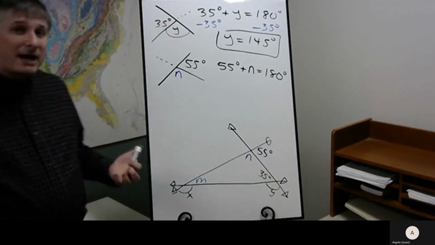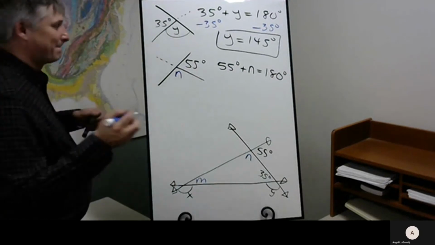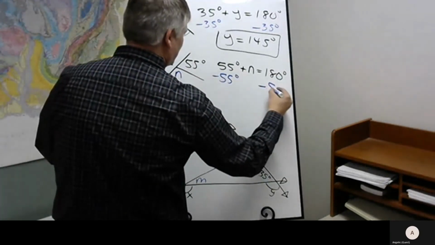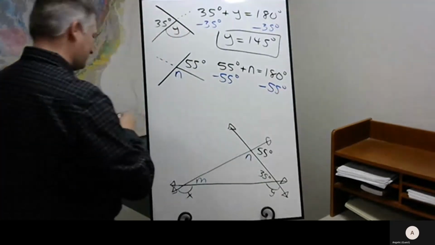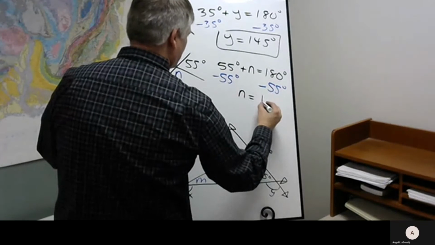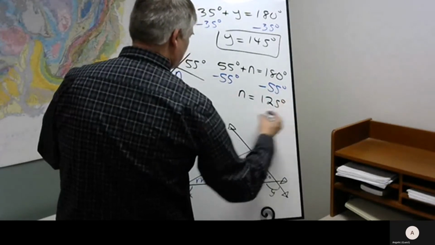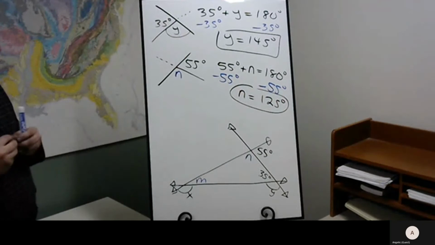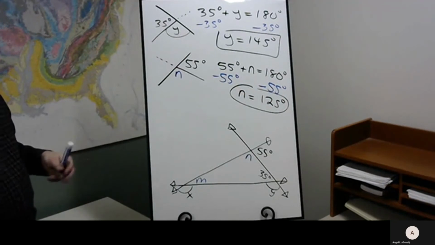So again, we're going to subtract 55 from both sides. So we're going to get this. I'm going to circle it because it's not one that we're looking for, at least as an answer.